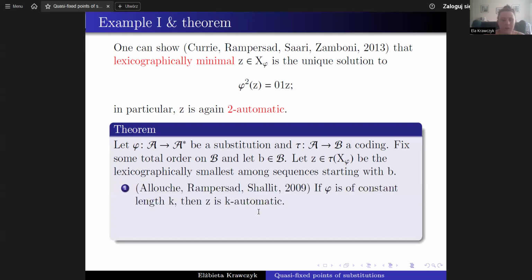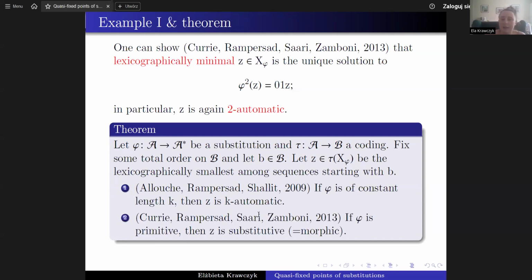In 2009, Allouche, Rampersad, and Shallit showed that if the original substitution is of constant length k, then yes, all these sequences are actually k-automatic. So we have this kind of closure property here.